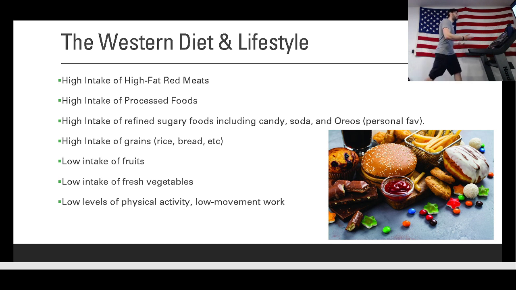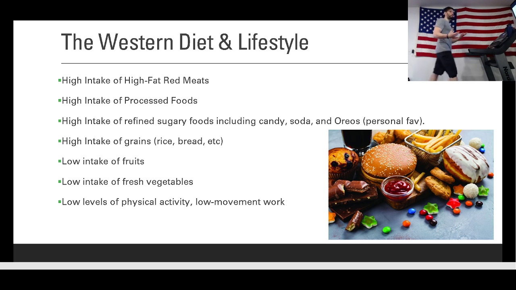I.e. candy, right? High intake of refined sugary foods, like candy, soda, Oreos, which are one of my personal favorites, right? That's an example of a processed food. High intake of grains, rice, bread, oatmeal, and you're going to see this later.